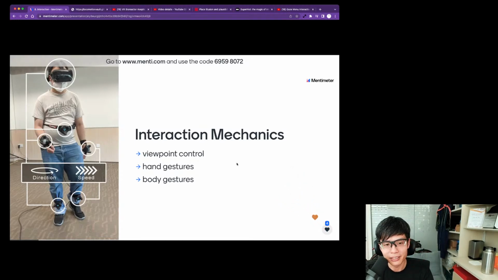So interaction mechanics is what I'm trying to talk about here using this picture. Some of the common things that you see here are all spoken about in the video, including viewpoint control, which is basically allowing a person to look around the world freely, which is deemed to be one of the most essential things when building such applications.